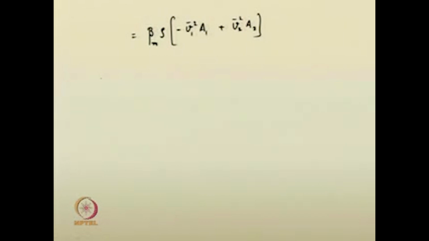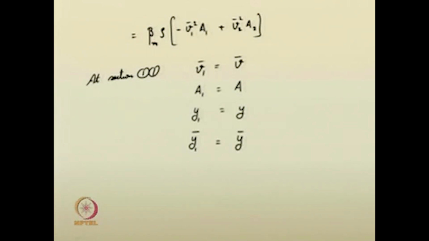So, as mentioned earlier, at section 1, V 1 bar we are taking as V bar, A 1 we are taking as A, depth of flow y 1 we are taking as y, the centroidal depth y 1 bar was taken as y bar. We have done it earlier also. The same relationship we can subsequently incorporate here.